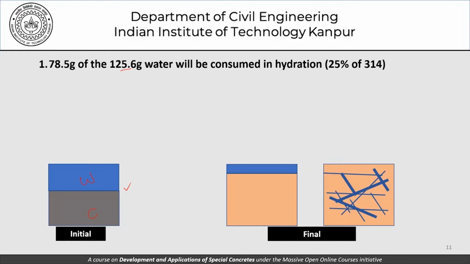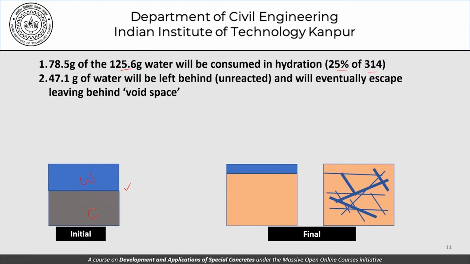We had 314 grams of cement, 25% of that will get consumed, which means that 47.1 grams of water will be left behind, this minus this, and that is the unreacted water and will eventually escape, leaving void space.